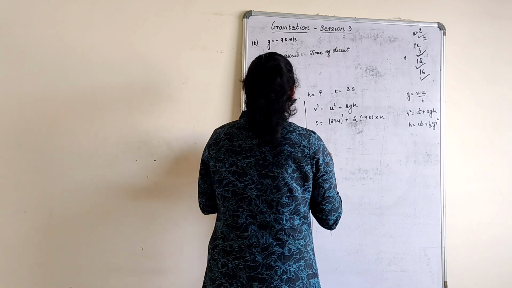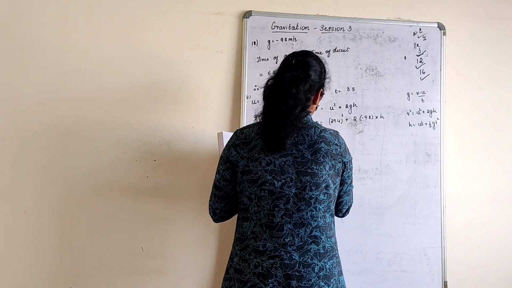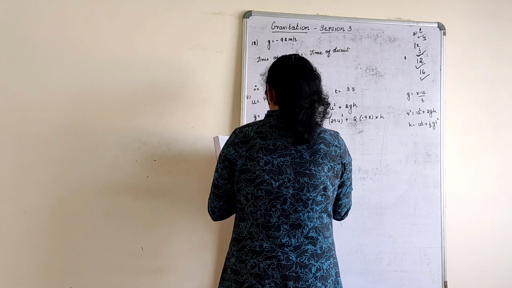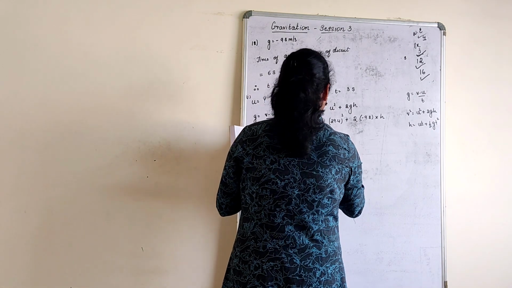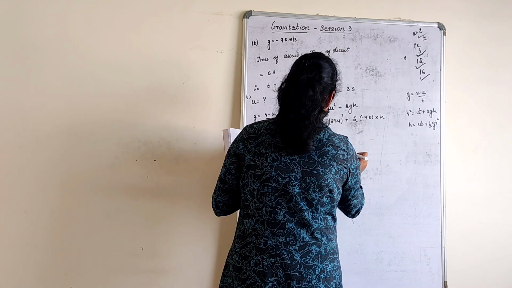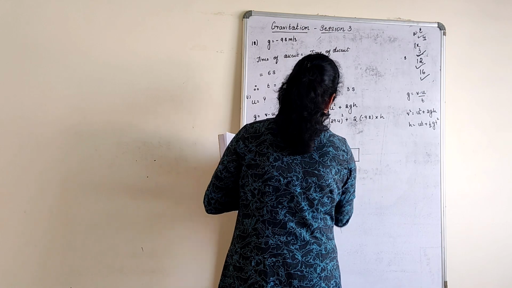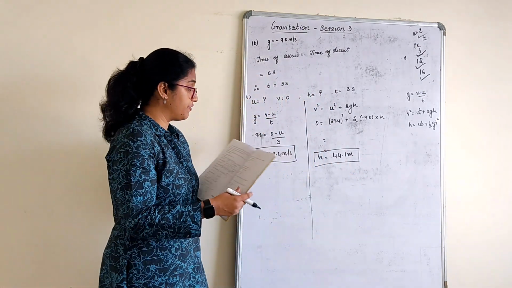So 29.4 square, you find out, do the calculations here. I will only give you the h value. So the final h value here would be 444.1 meter. Please do the further calculations. I have given the h value directly.